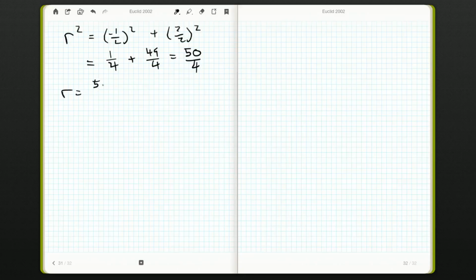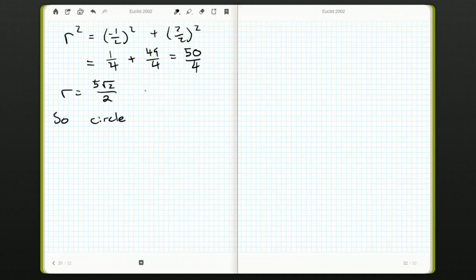So r is 5√2/2. Right, we square root that, which means we square root the bottom. So square root of 4 is 2. And the square root of the top, well, that's 2 times 25. Square root of 25 is 5. And square root of the remaining 2 is √2. So that's what r is. And remember, we're just checking.